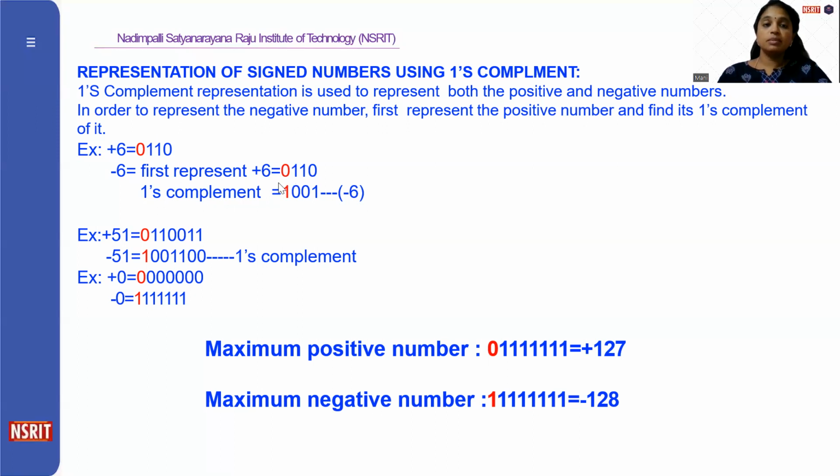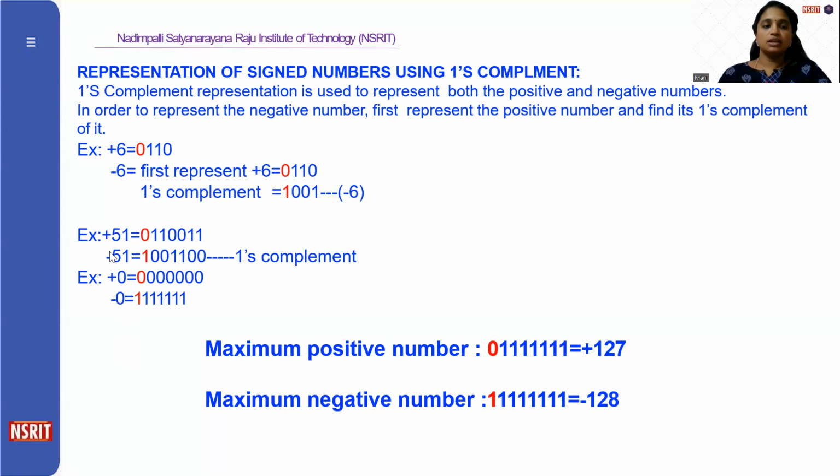So if you want to represent minus 6, the sign bit equals 1. Then keep the sign bit as it is and take the ones complement of the number: 1, 0, 1, 0, 0, 1. So this is the ones complement representation of minus 6.